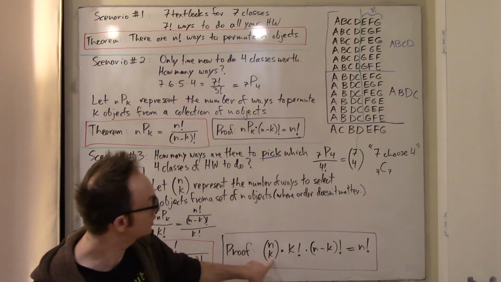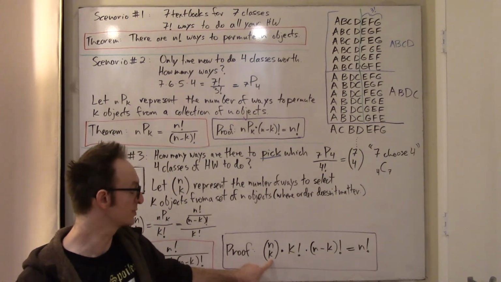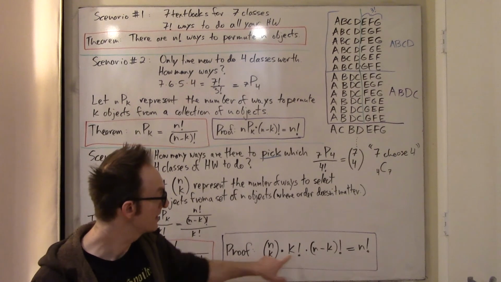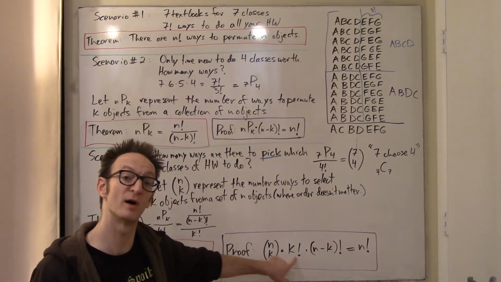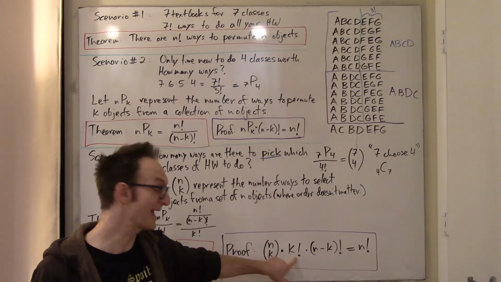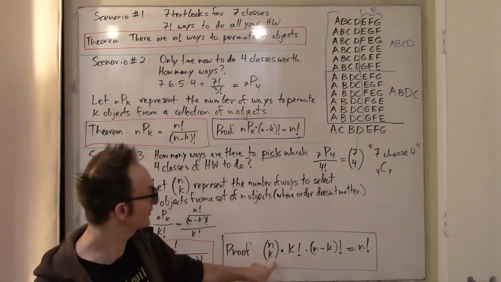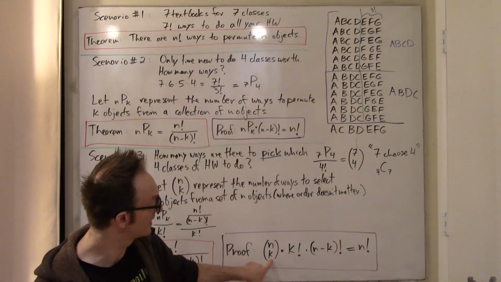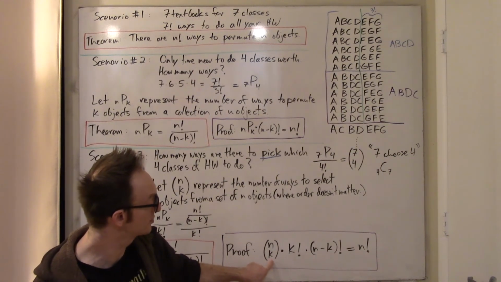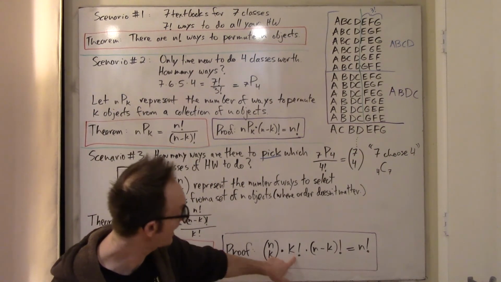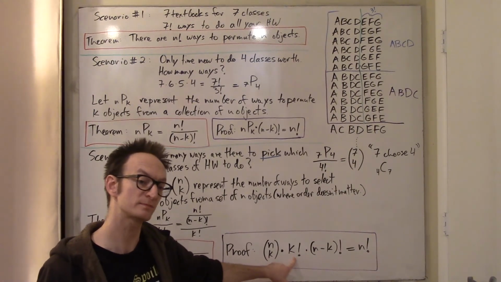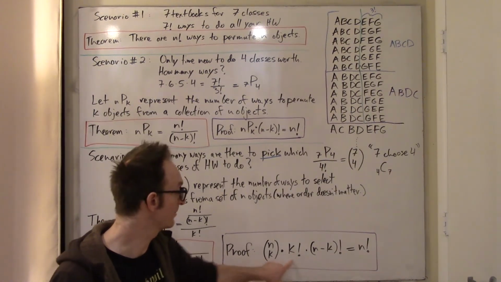So first we choose which k people are going to enter the museum, and then there are k factorial ways of permuting those k people to put them in a single file line so that they may enter. For every one of the n choose k ways to pick k people, there are k factorial ways to order them, so that's why we multiply.